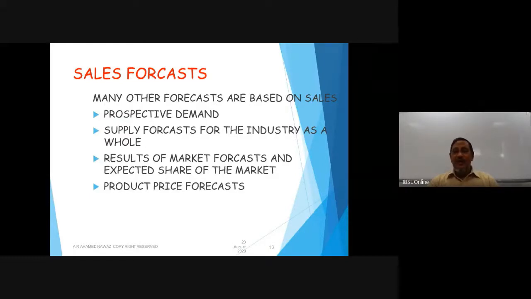Results of marketing forecast and expected share of the market. Now the market share is one of the indications, but it is not always the case that a market share increase or decrease has to be taken alone. It has to be taken as a whole, not only the share. For example, if a customer says, I have a market share of 10%, but next year it has come down to 8%.